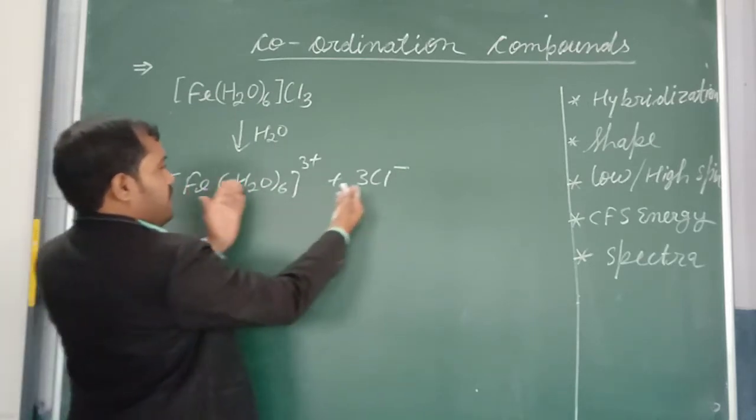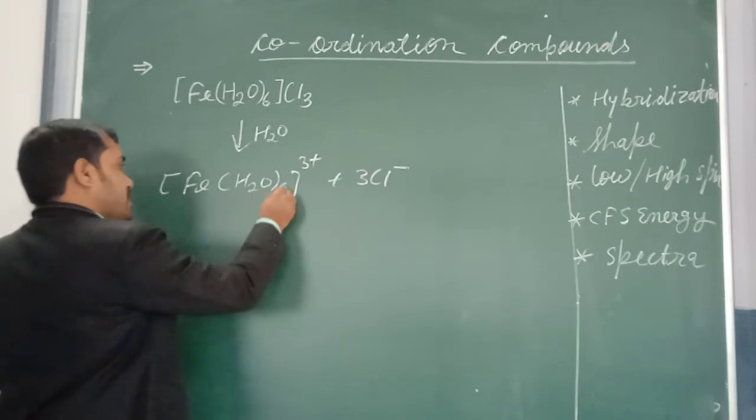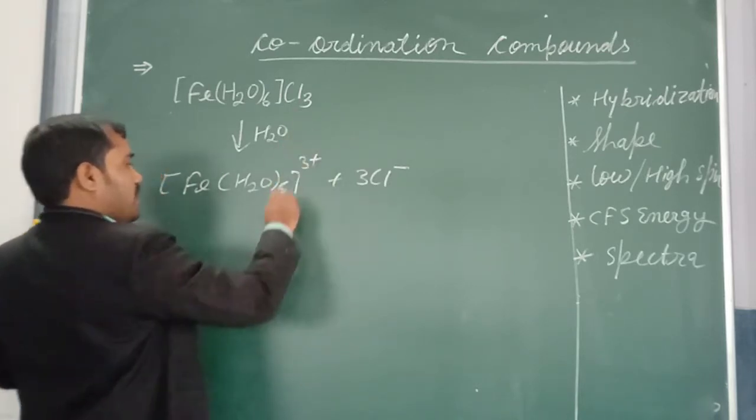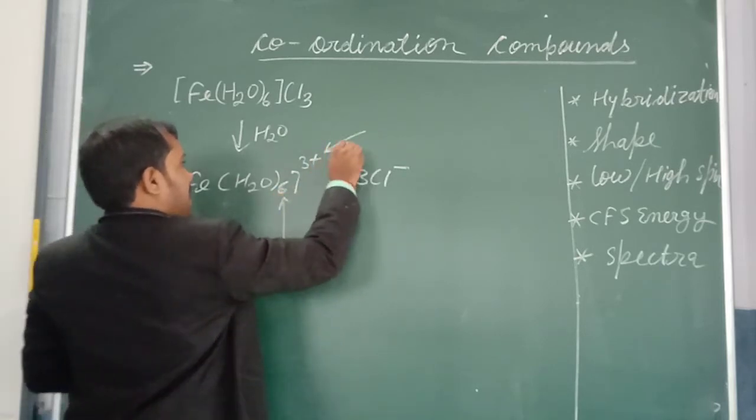This is the coordination sphere, this is the ionization sphere. These are the primary and secondary valency.